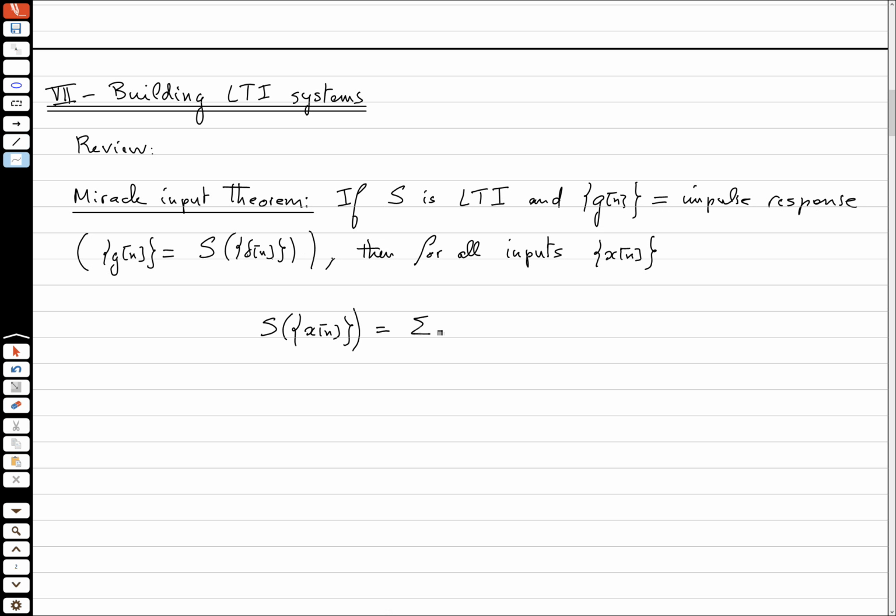Initially, we wrote it as the sum of X of K, G of N minus K. But that was symbolized by convolution. In fact, using commutativity, we like to write in this order.